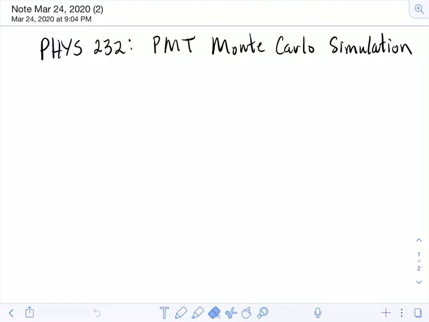What we were talking about in the previous video was a general discussion about how photomultiplier tubes are able to detect single photons. They do this through the avalanche effect, where a photon coming in creates a single electron via the photoelectric effect, and that electron is accelerated to a metallic plate using a potential difference from a high voltage power supply. It gains enough kinetic energy that when it collides with that plate, it creates secondary electrons.